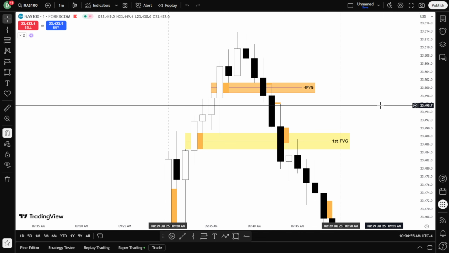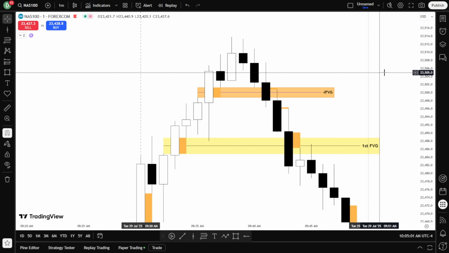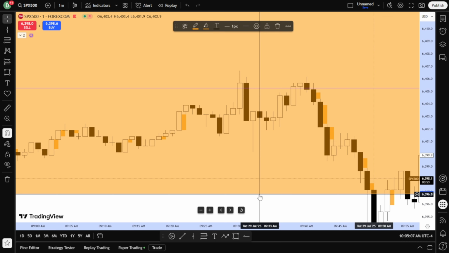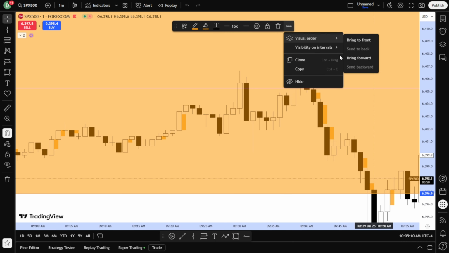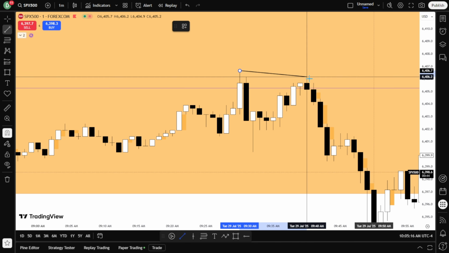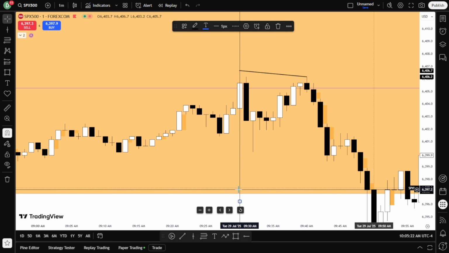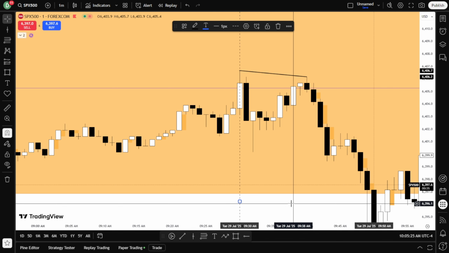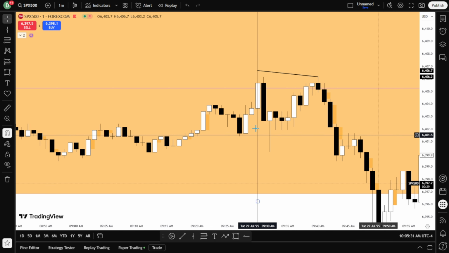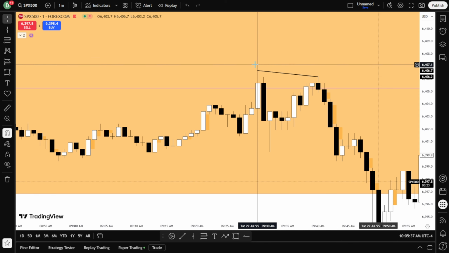So let me show you guys something. Look at this. If I mark from this swing high to swing low, that is the 930 opening for the S&P, and S&P made a lower high between 930 to 940.